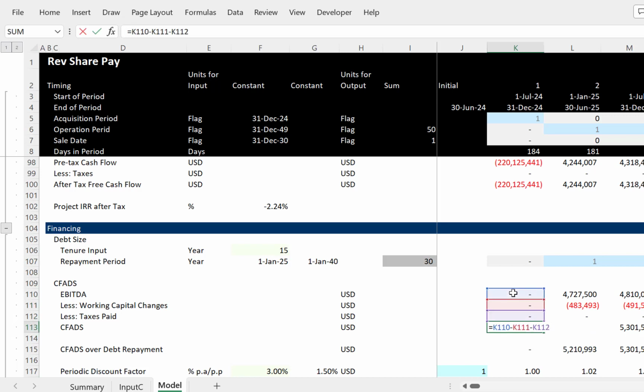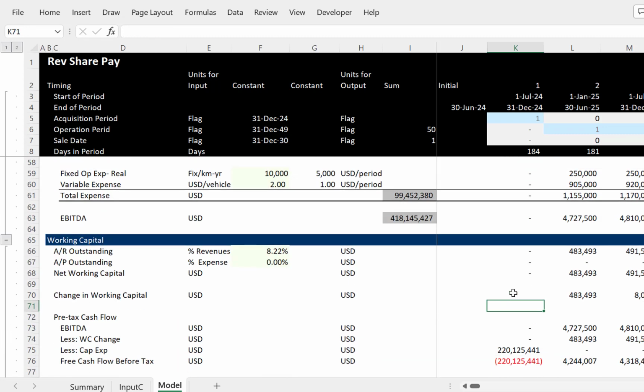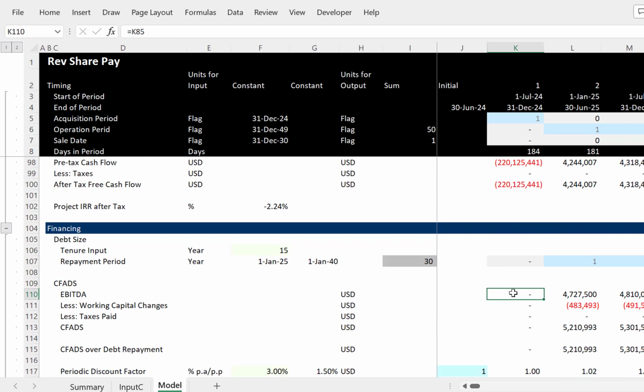So did we add that? No, the working capital changes were negative. Is this plus the negative of the working capital changes? Nobody caught that one, I hope. And where the working capital changes up here, they were positive, so I made that mistake. God, I make a lot of mistakes.